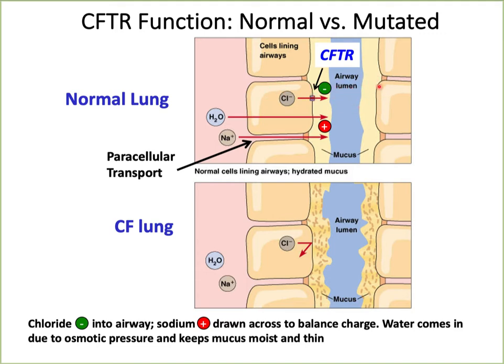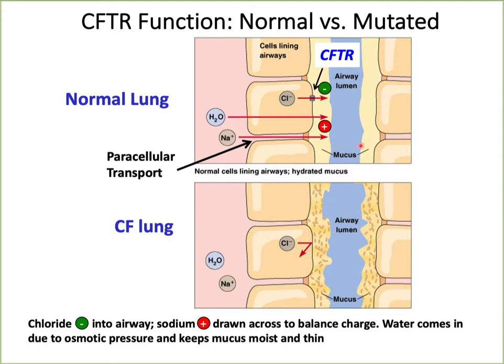So now there is a net negative charge in this mucus that has been secreted by these cells. This then draws sodium across this layer. Sodium ions move between the cells in the layer. This is a type of transport where certain ions can actually pass between the cells, known as paracellular transport.